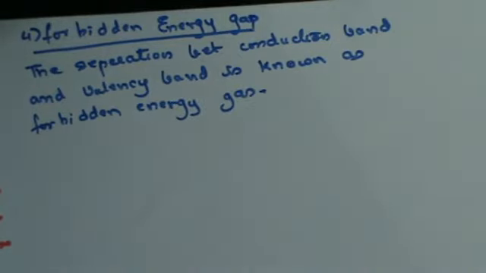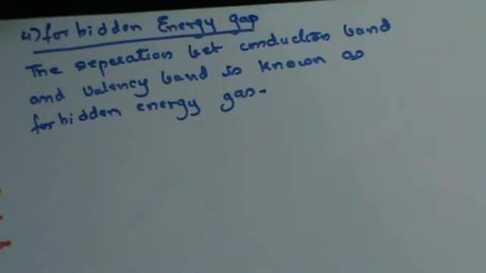Fine. So do you understand what is forbidden energy gap? There is no allowed energy state in this gap. Hence, there are no electrons that can stay in the forbidden energy gap. Right? The width of the forbidden energy gap is a measure of the bondage of the valency electrons. If the valency electrons are closely bound to the nucleus, then the forbidden energy gap will be bigger.